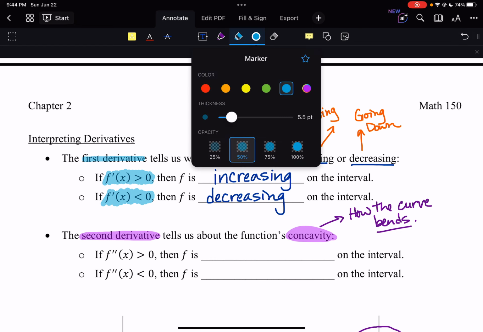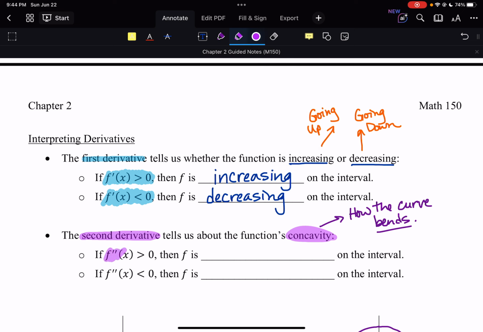So if f double prime is greater than 0, so if the second derivative is positive, we say that f is concave up on the interval, which means that it is upward bending.